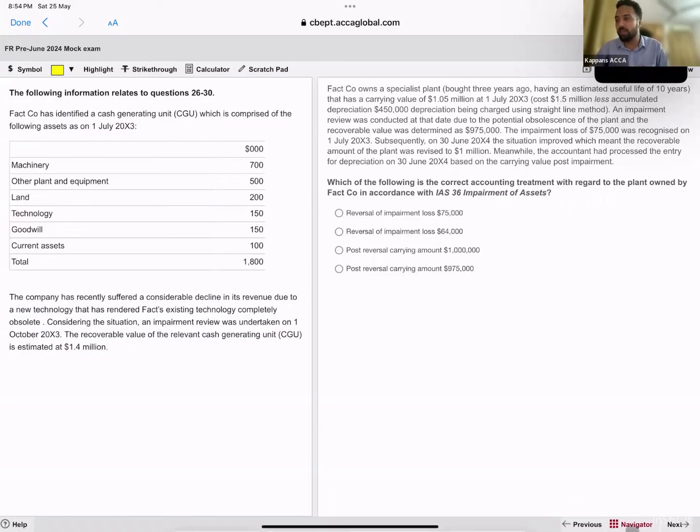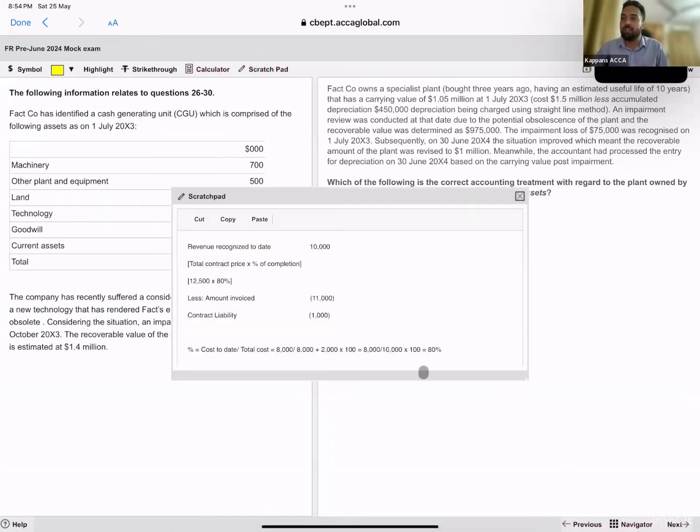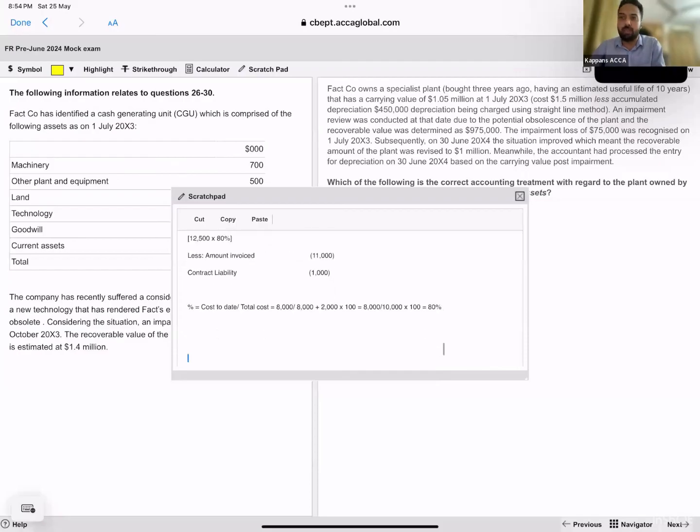IAS 36? So if you remember our class, I've told you reversal of impairment loss will be normally the difference between carrying amount after impairment loss and carrying amount if no impairment loss. So what is the carrying amount after impairment loss?